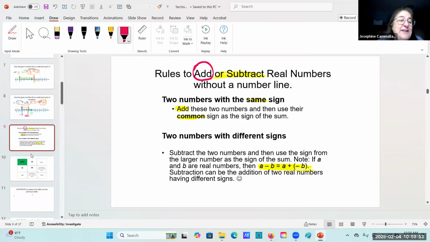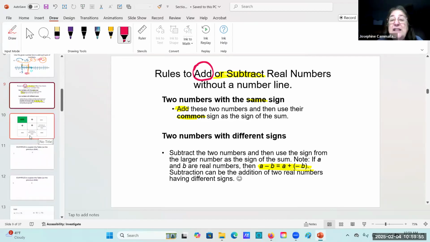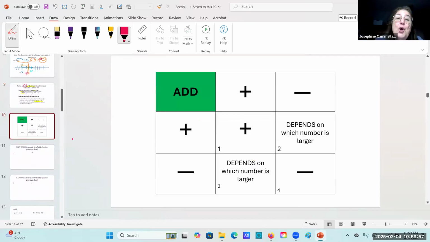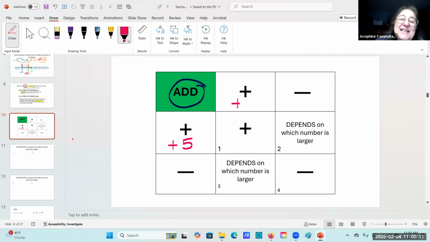Now, I have made this little table, and you might find it very helpful. When you add, if you have a positive number, let's just say positive 5, and you have a positive 3, your answer will be a positive 8. But then look right here.